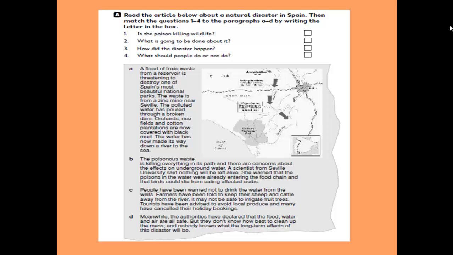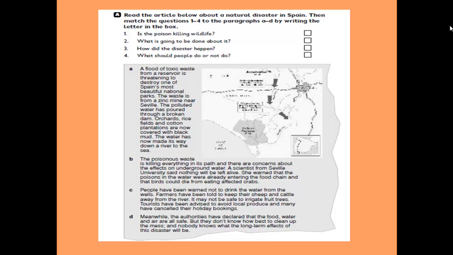Is the poison killing wildlife? What is going to be done about it? How did the disaster happen? And number 4, what should people do or not do?